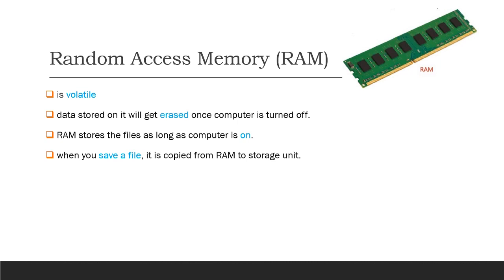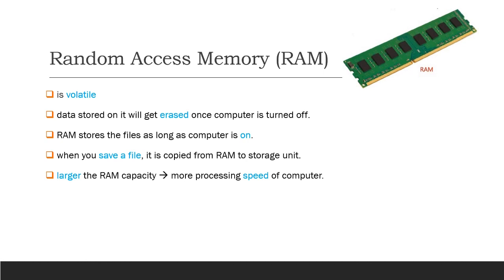Now, what is the benefit of having a large RAM? A large RAM means better processing speed for the computer because everything can be held in the RAM itself. So the larger the RAM capacity, the more processing speed of the computer. So this in short is what RAM is.